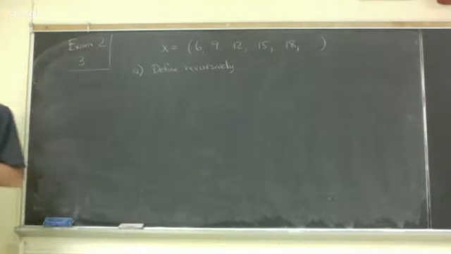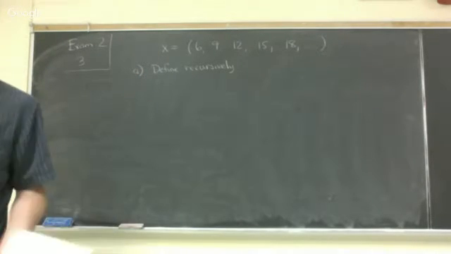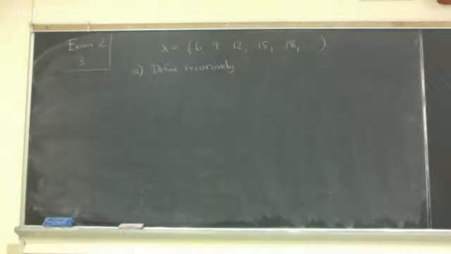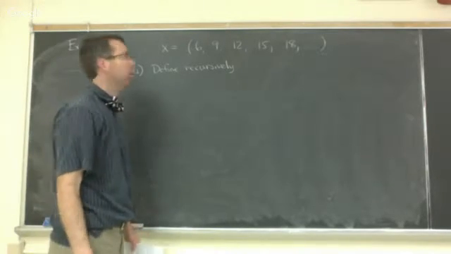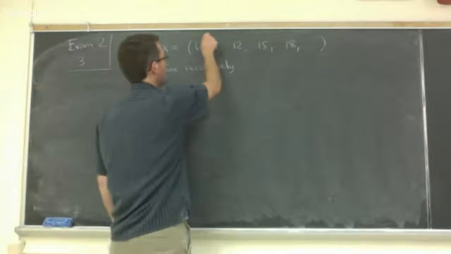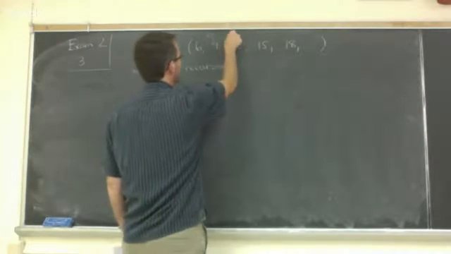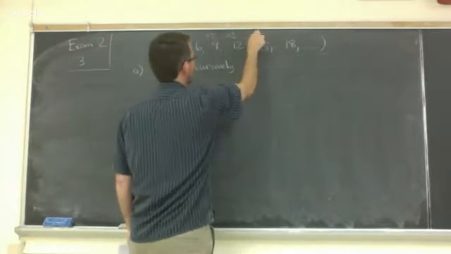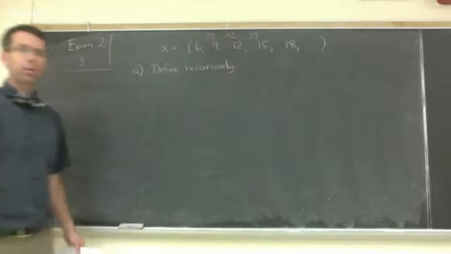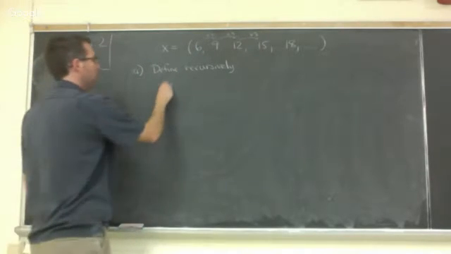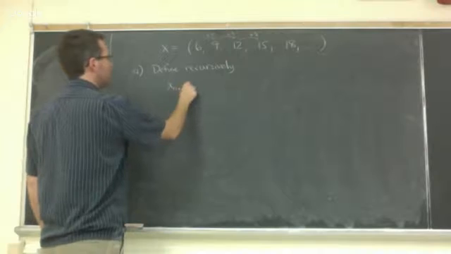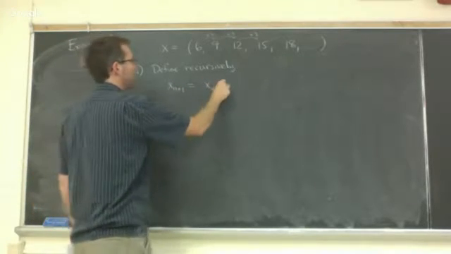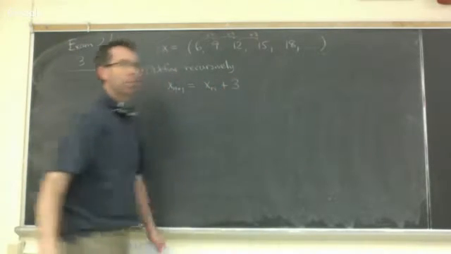That corresponds to describing the pattern that we see. So what pattern do you see about this sequence? We're adding 3 each time, right? Okay. So the recursive formula is my next term in my sequence is my current term plus 3. That's my recursive formula.